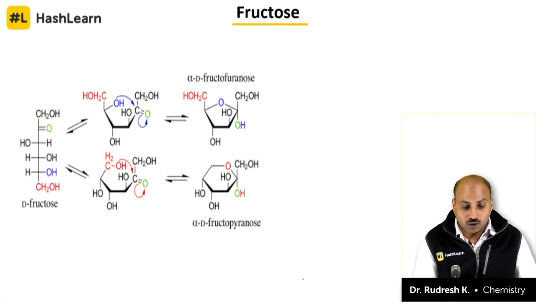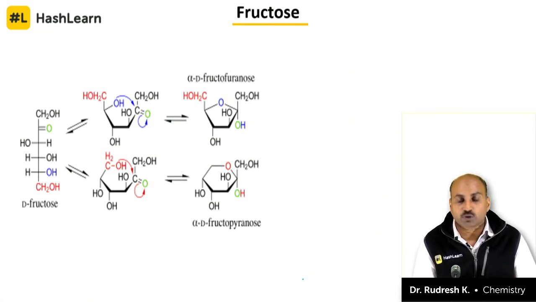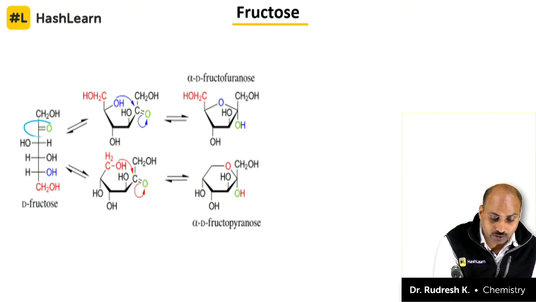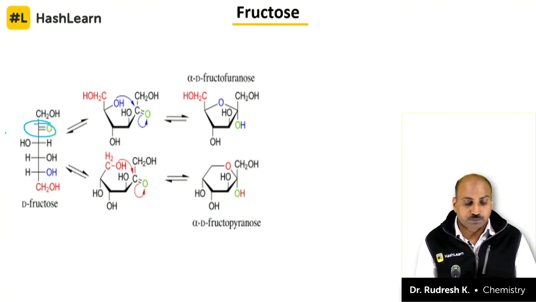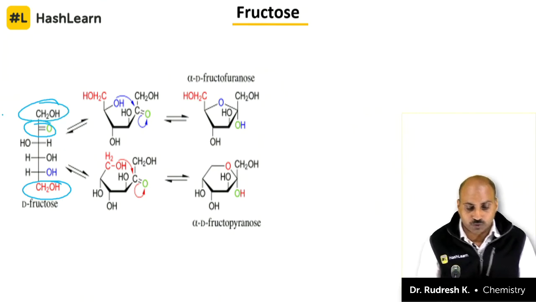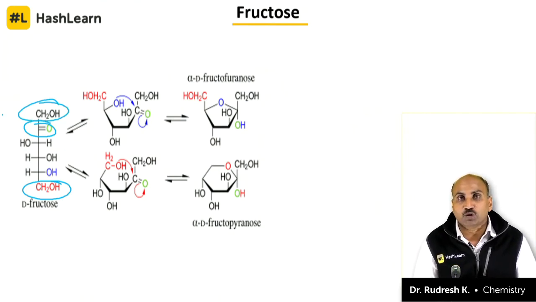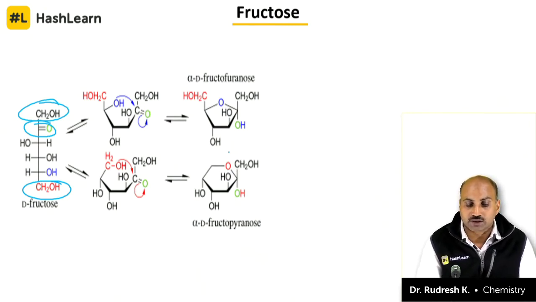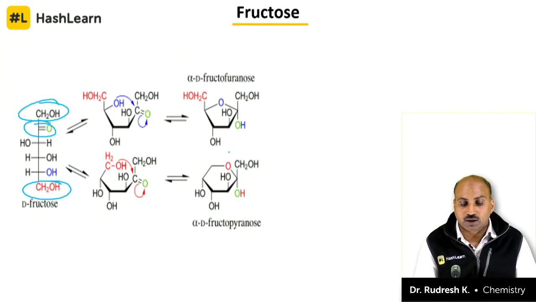Okay. Now coming to the structure of the next monosaccharide, that is fructose. When we look at fructose, you can find there is a keto group and it also contains 2 primary alcohol groups. When this undergoes glycosidic linkage, you get the structures called pyranose and furanose.